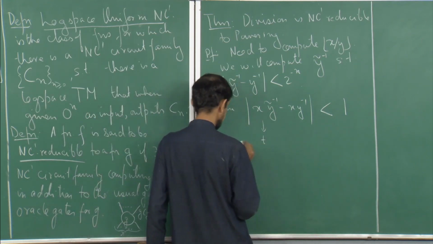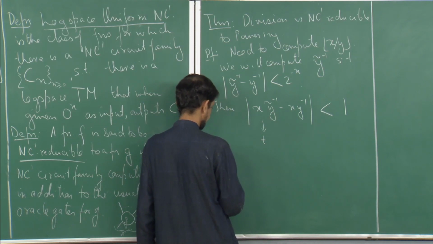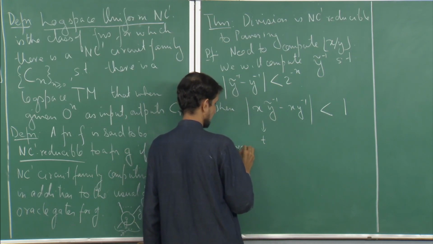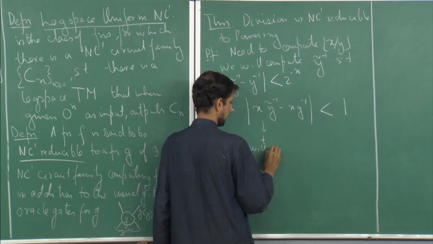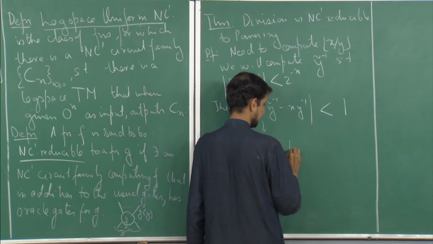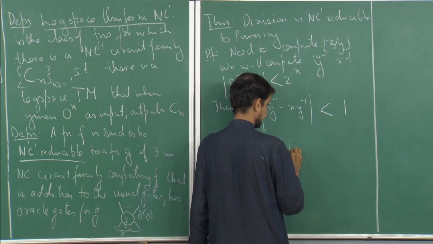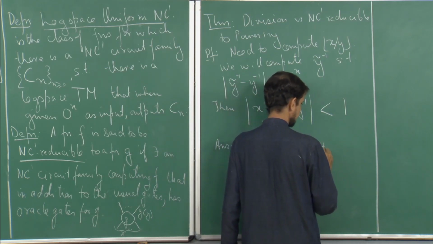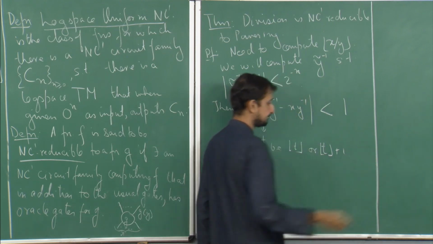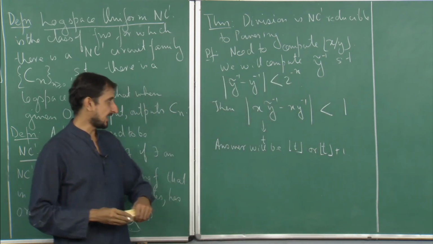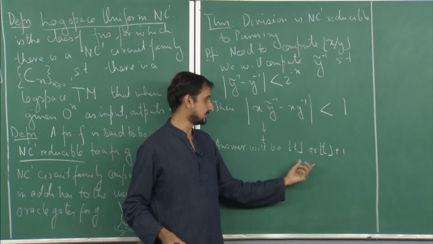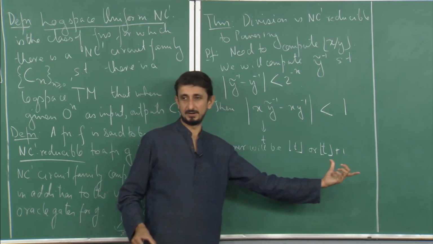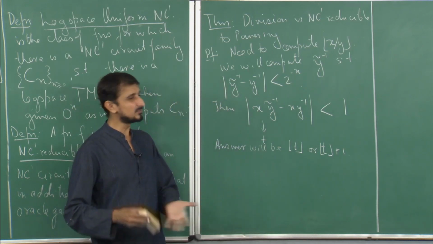So, let us call this t. The answer will be either the floor of t, or it will be t plus 1, because the actual answer is at most a difference of 1. So, either it is this quantity or this quantity, and which one it is, we can easily check.